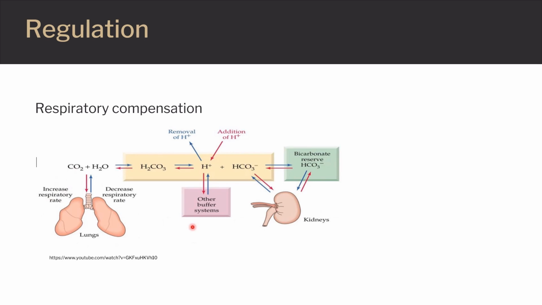Bicarbonate concentration is also further regulated by renal compensation, the process by which the kidneys regulate the concentration of bicarbonate ions by secreting hydrogen ions into the urine, while at the same time reabsorbing bicarbonate ions into the blood plasma or vice versa, depending on whether the plasma pH is falling or rising.